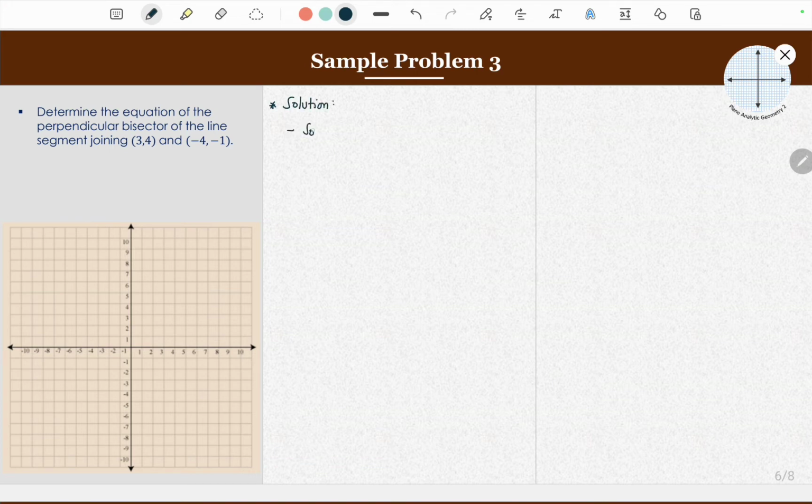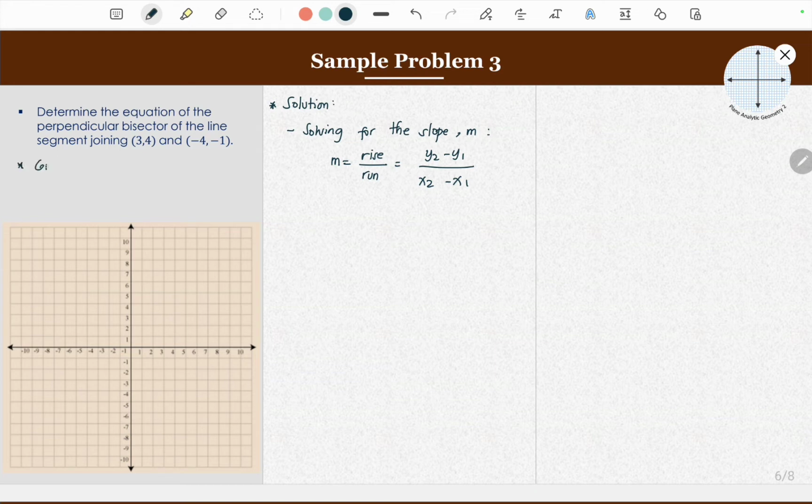Okay, so first, solving for the slope of the given line segment, we have m is equal to rise over run, or y sub 2 minus y sub 1 over x sub 2 minus x sub 1.